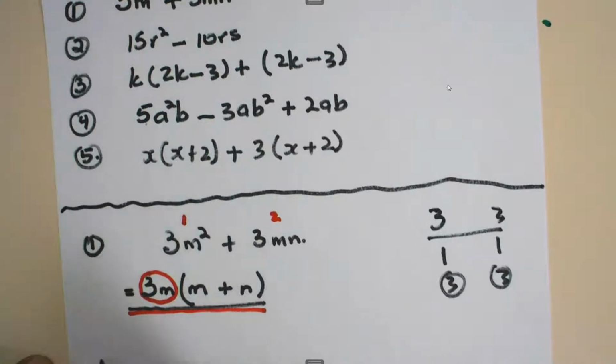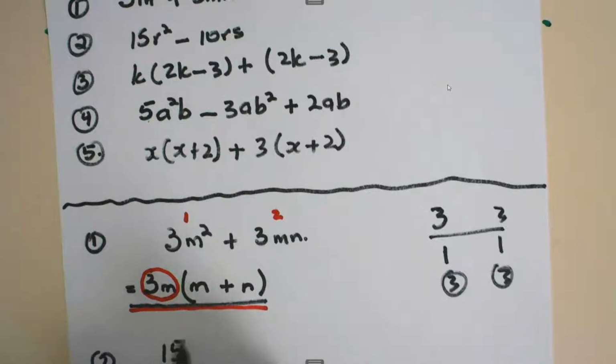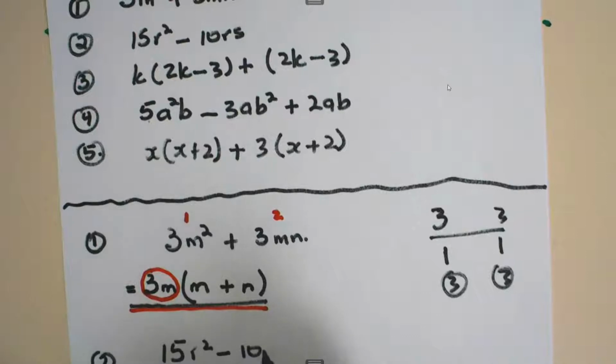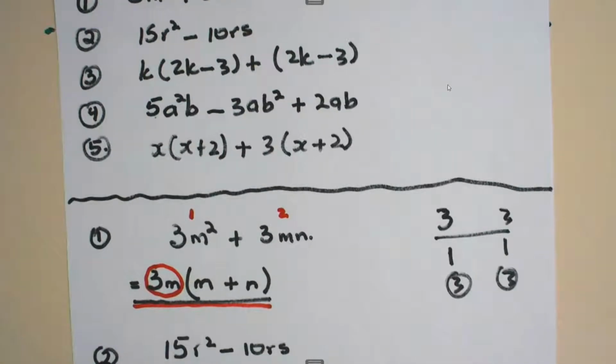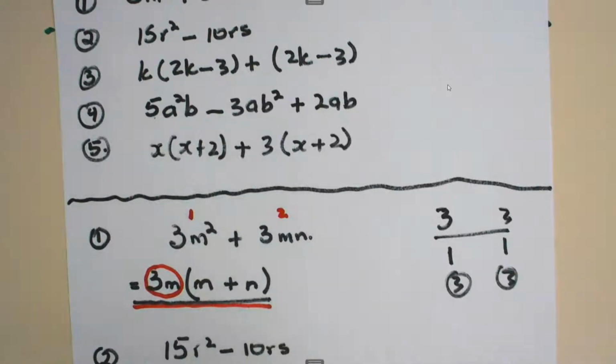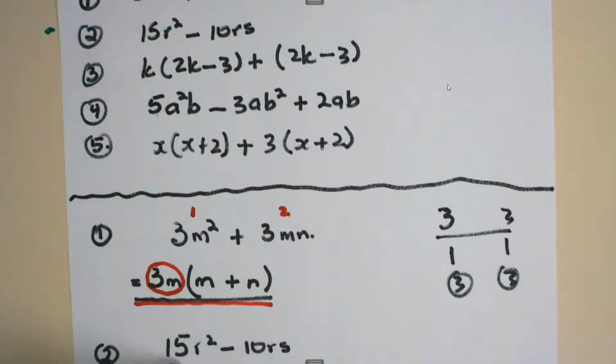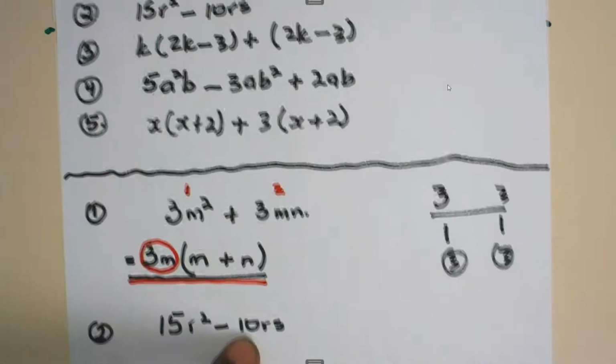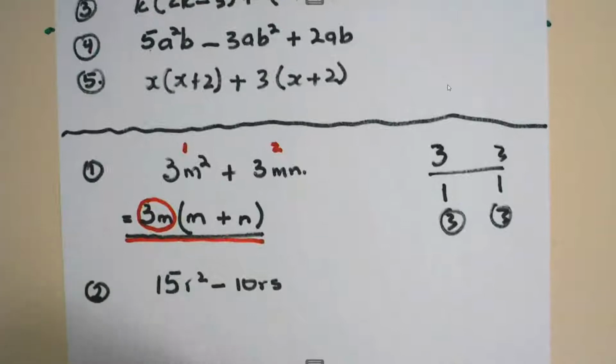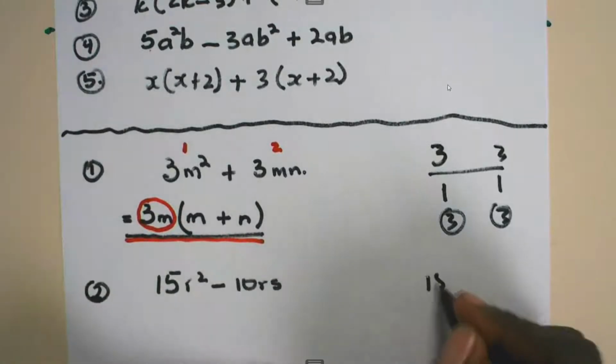Example number 2. That's where we have 15r squared minus 10rs. So we have 2 terms, which are 15r squared and 10rs. Now the factors of 15 and 10.